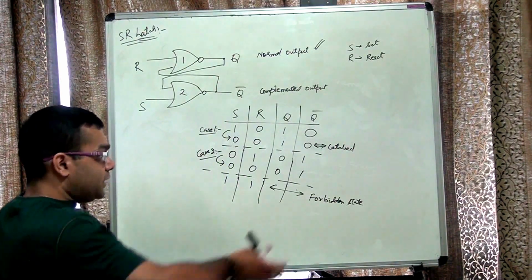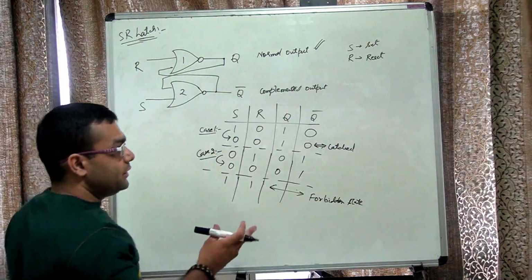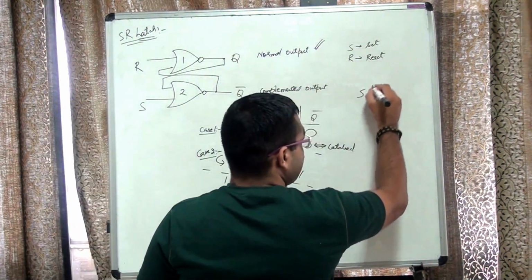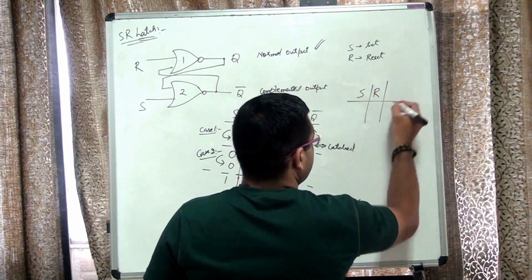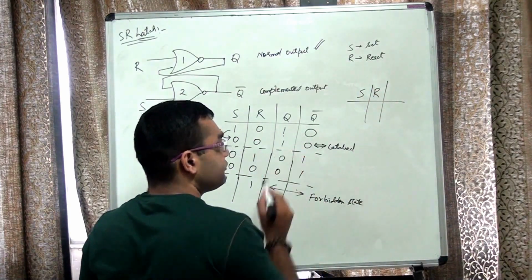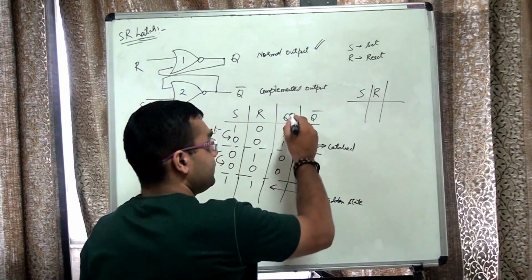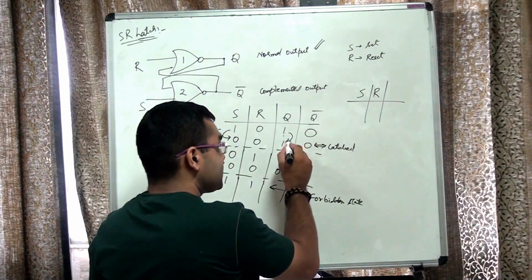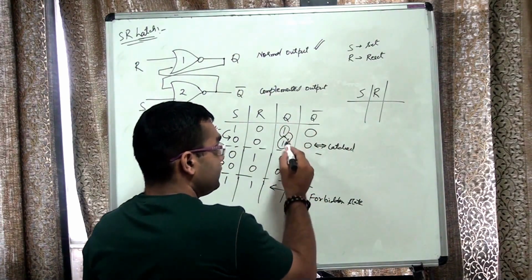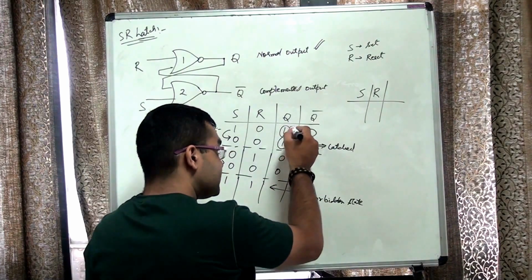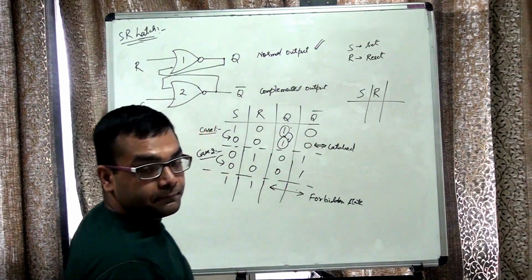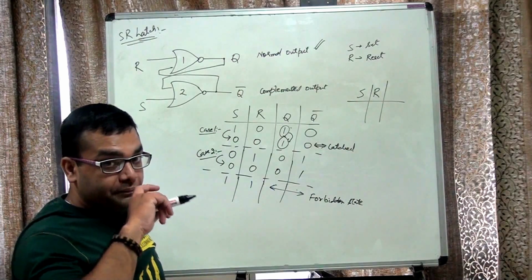Alright. So in a nutshell, if I summarize this table for my SR latch. This is the value of the output. If this is the present state, then this is the next state, isn't it?